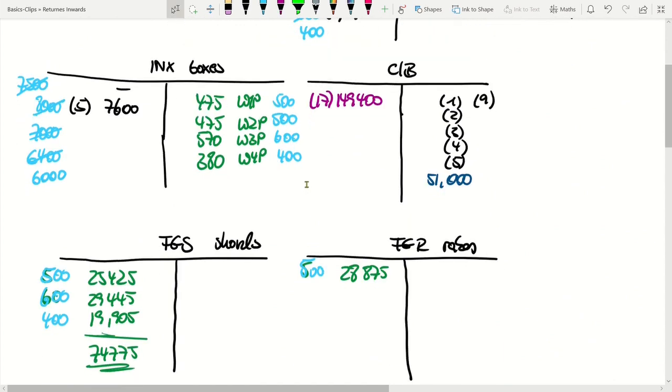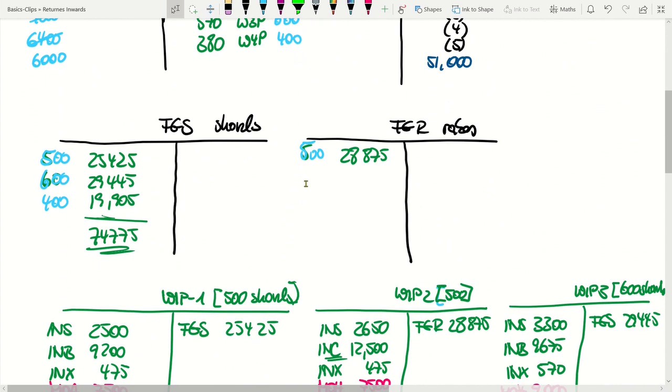Next, I have to record the stock releases. With regard to the stock releases, I have to consider for the Schofields the first 500, which gives me 25,425. I take the next 600, which is 29,445.